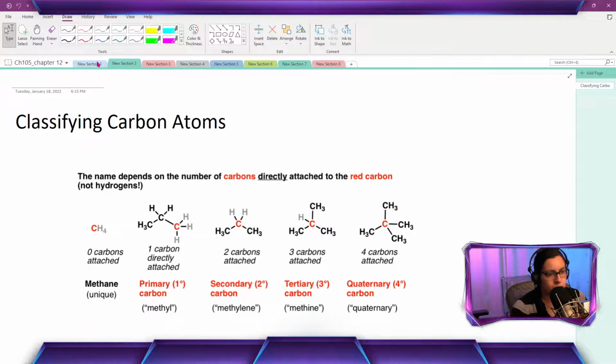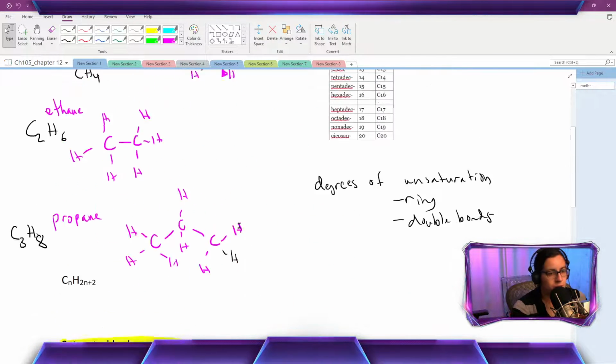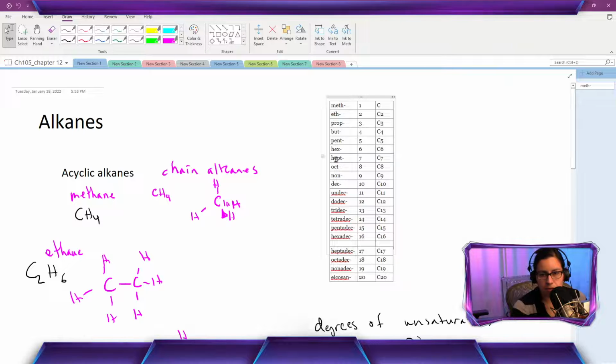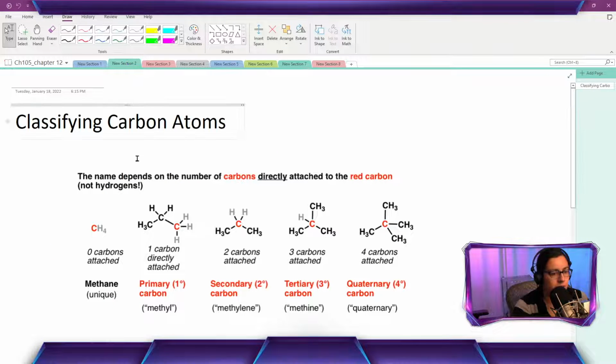Just to remind yourself, you have all these prefixes here. If you have 1 carbon hanging off, that's a methyl. 2 carbons is an ethyl group. And if you had a 3 carbon chain hanging off of your main chain, that'd be a propyl group, butyl group, etc.